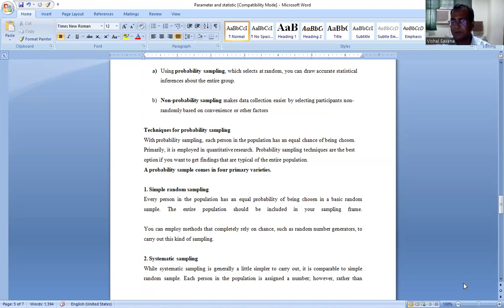You can employ methods that completely rely on chance, such as random number generators, to carry out this kind of sampling. So how can we perform simple random sampling?